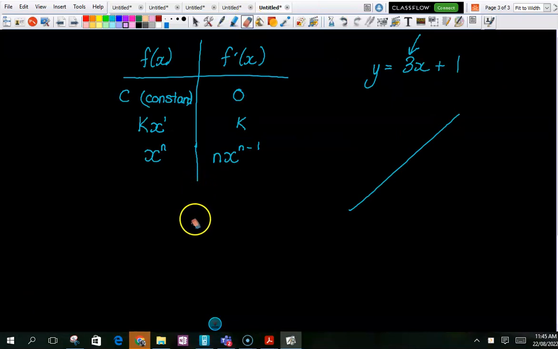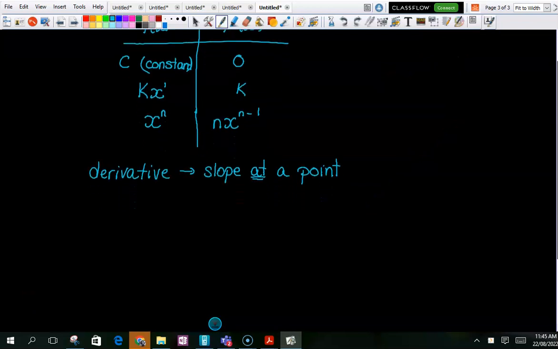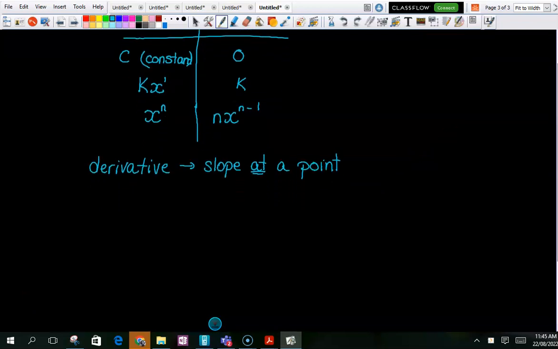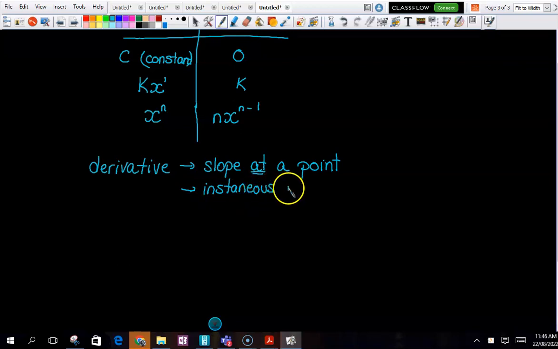Okay, so we've got those rules. We also know that we're talking about the instantaneous slope at a point, another way to say it, is the instantaneous rate of change, as opposed to the slope between 2 points.